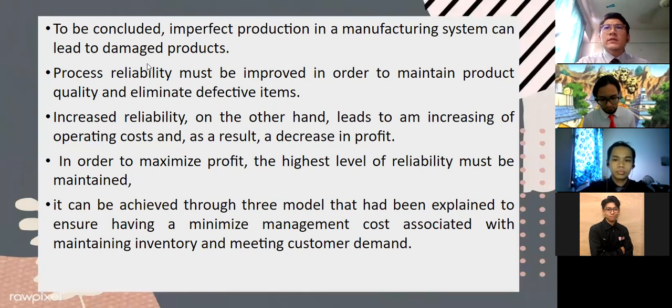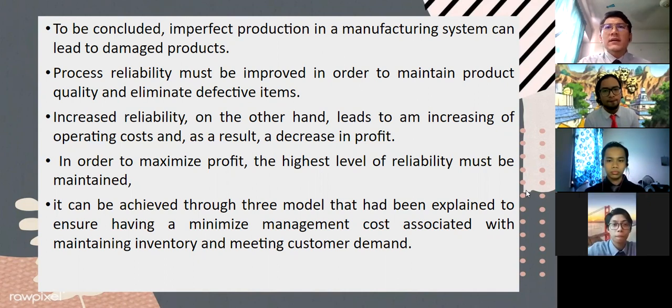To conclude, imperfect production in a manufacturing system can lead to damaged products. Process reliability must be improved in order to maintain product quality and also to eliminate defective items. Increased reliability, on the other hand, leads to an increase in operating costs and, as a result, a decrease in profit.